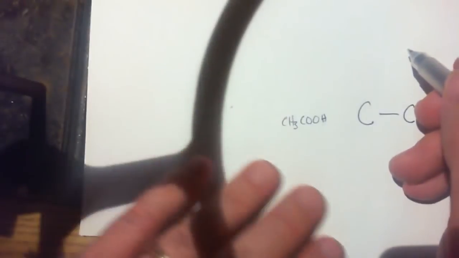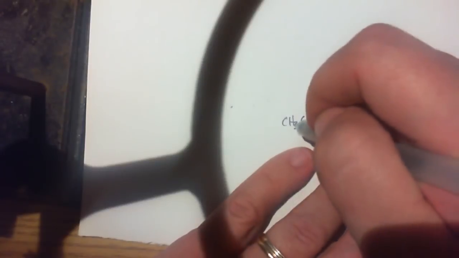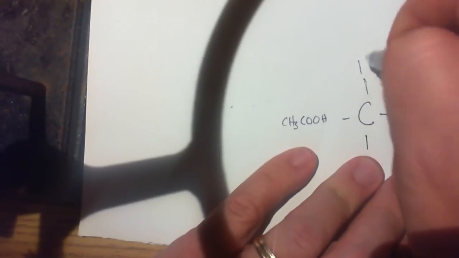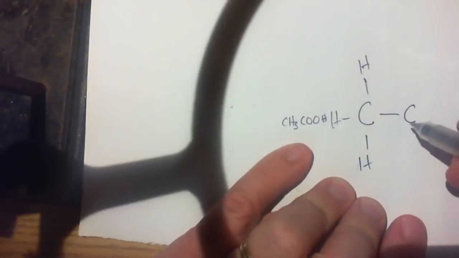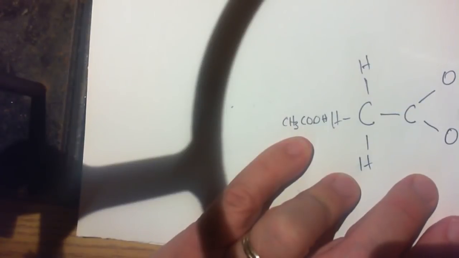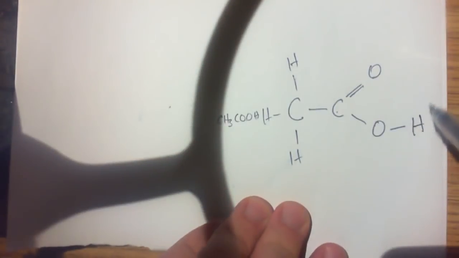So I have two carbons, and because in organic compounds they're bonded together, on the first carbon, because it's a CH3, that tells me that carbon has 3 hydrogens bonded to it, and a carbon needs four bonds. Then my second carbon has 2 oxygens, and the OH, because it's written like that, tells me one of the hydrogens is bonded to the oxygen. And because oxygen needs 2 bonds and carbon needs 4, we know that they have a double bond to each other. So the way that they're written tells us something about how they go together.